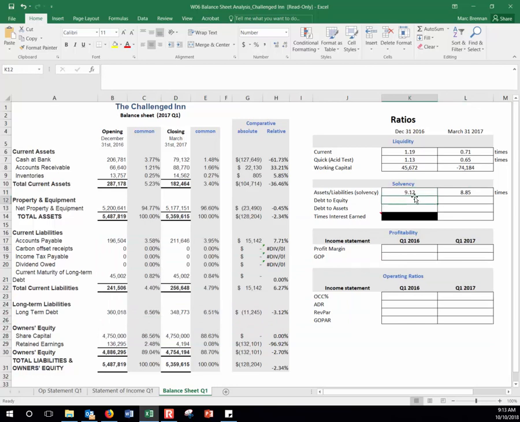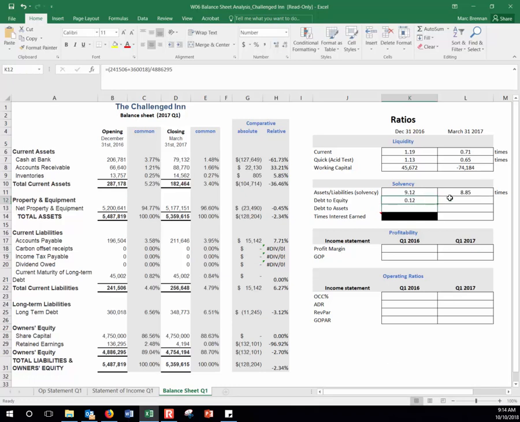My debt to equity is just what it says. So I'm going to compare my debt, both of my liabilities, my long-term and my current, and divide it by my owner's equity.